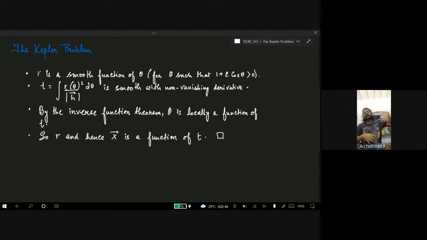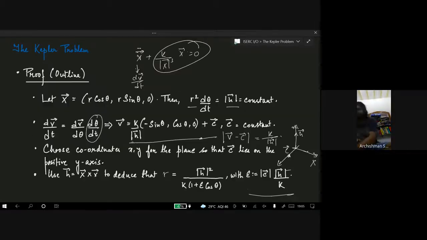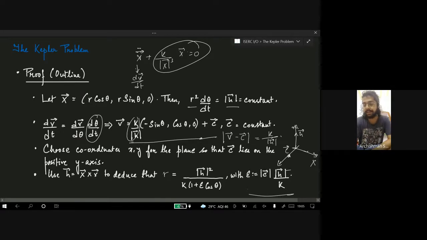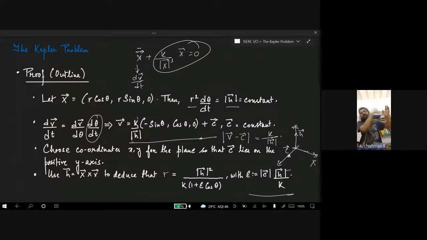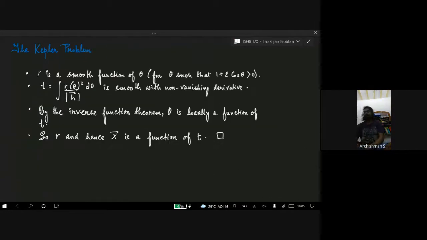So once I prescribe the velocity circle, with a certain radius and a certain center, I can work back to the equation of an orbit.